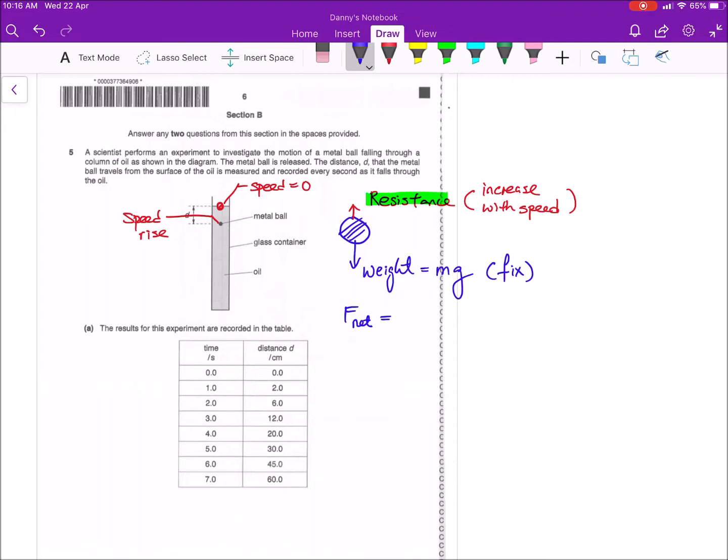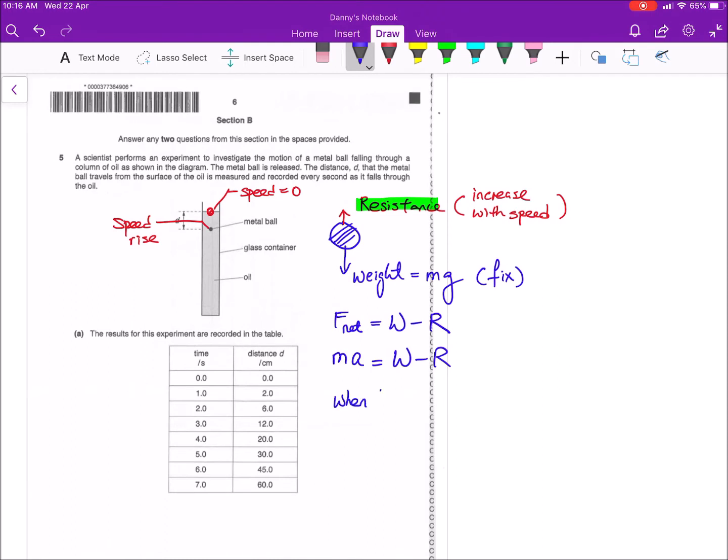Now, why is this interesting? Because if we look at the net force, the resultant force acting on this object, it consists of the weight minus the resistance, which is R. And we know that F net is equal to m times a. This is your Newton's second law. So if we write down both the left and right hand side, we will have an expression that looks like that. So meaning that when your resistance, which is a changing force, increases with speed, it can increase from 0 all the way till it matches the weight.